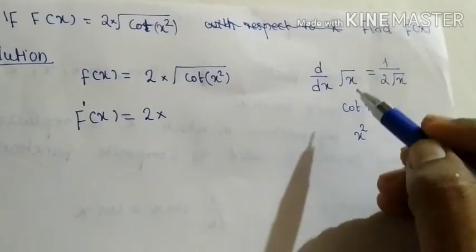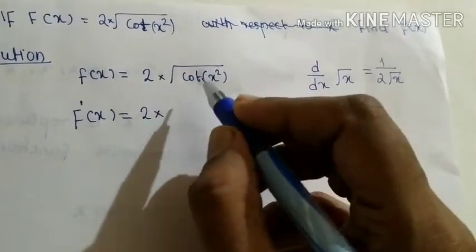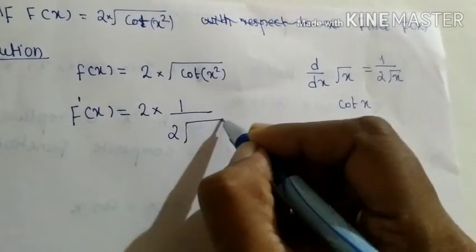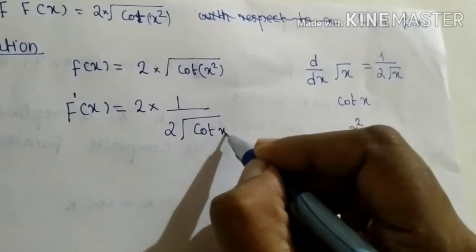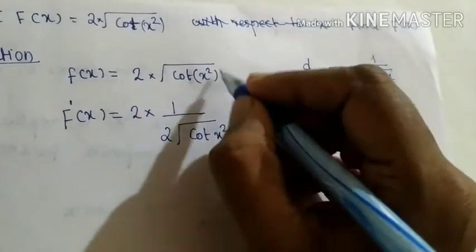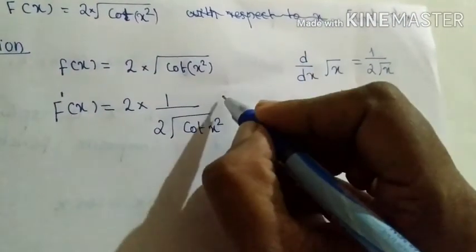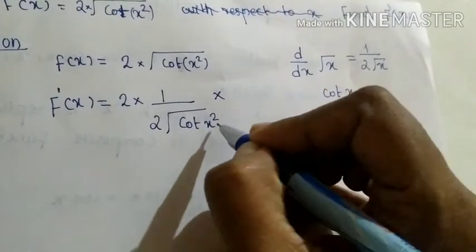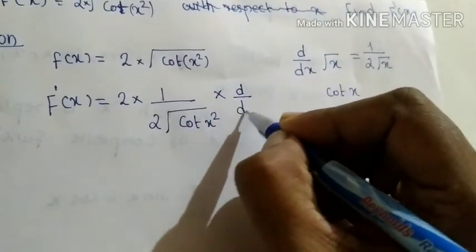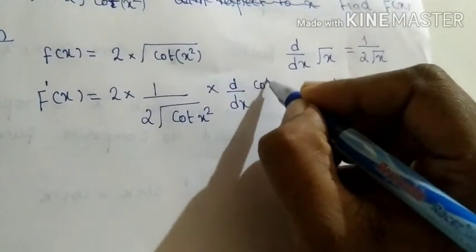If derivative of root x is 1 by 2 root x, then root of cot x square will be 1 by 2 root of cot of x square. That is, we are replacing x by cot x square, into next function is cot x square. So we need to find the derivative of cot x square.